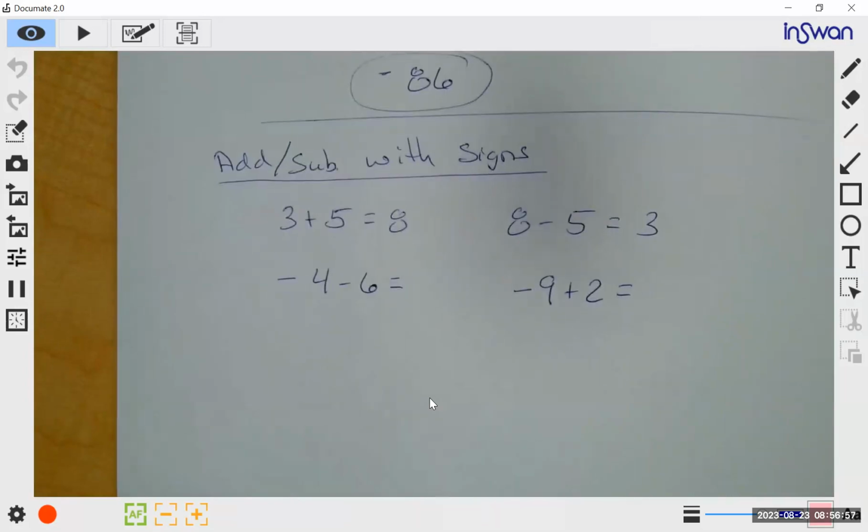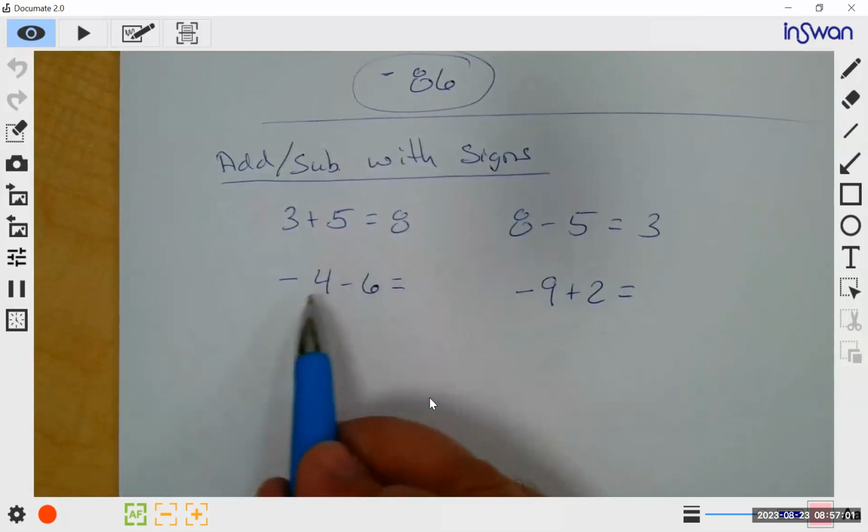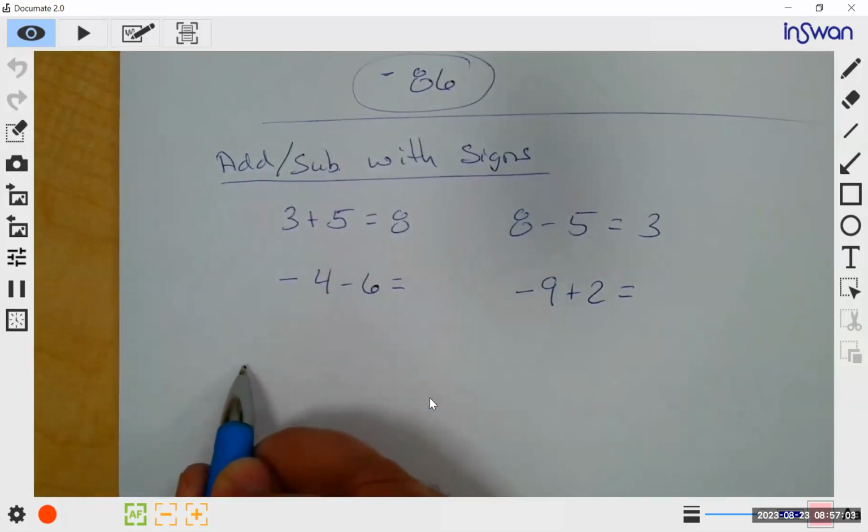But the fix is super easy. Here are the rules.